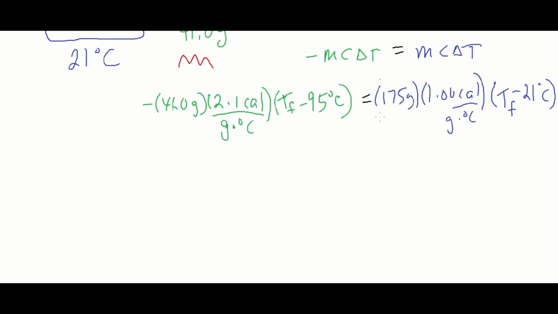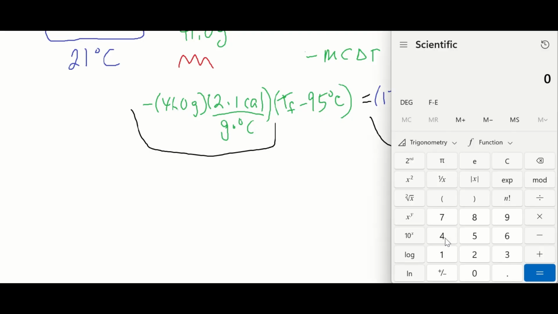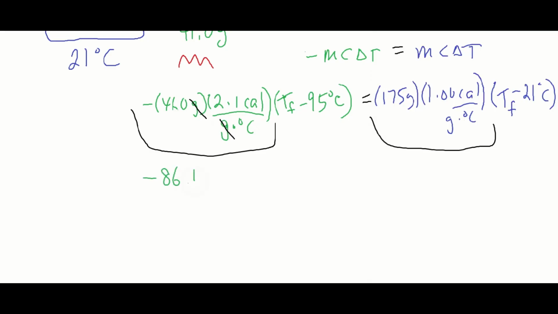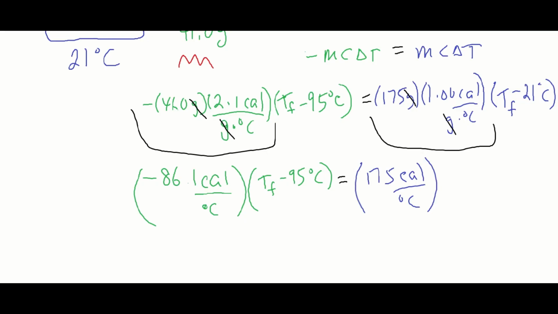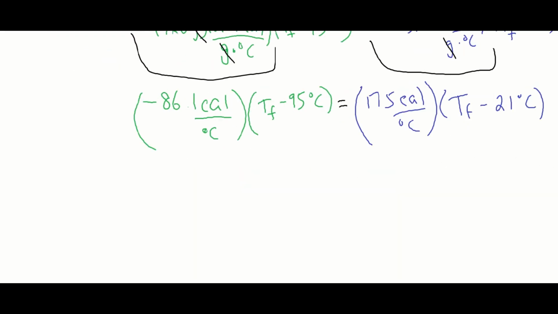Now let's simplify this. This term here and that term there. We can simplify the mass and the specific heat of water without a calculator because 175 times 1 is 175. Next, let's distribute the terms for the glass.